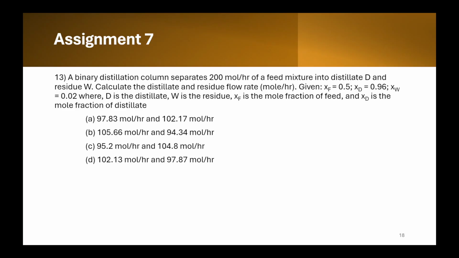Next question. A binary distillation column separates 200 mole per hour of a feed mixture into distillate D and residue W. Calculate the distillate and residue flow rate in mole per hour. Given XF.